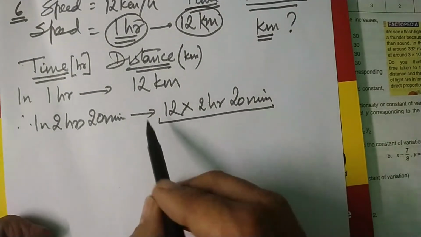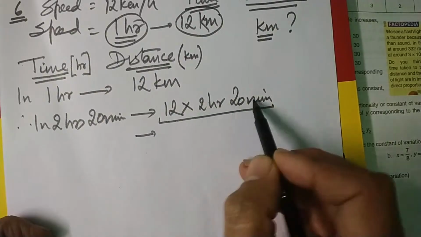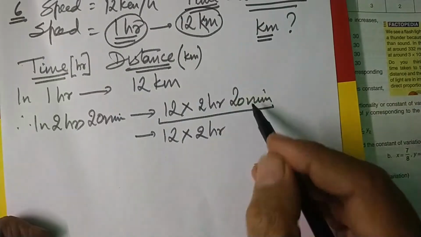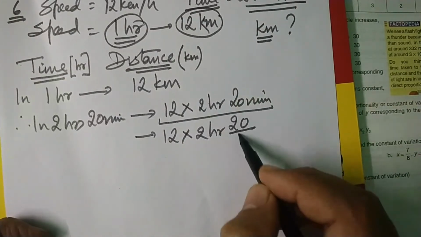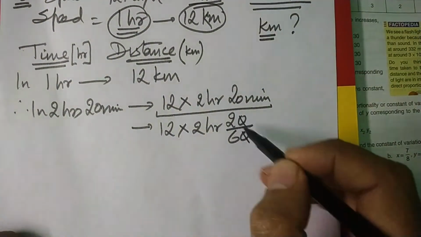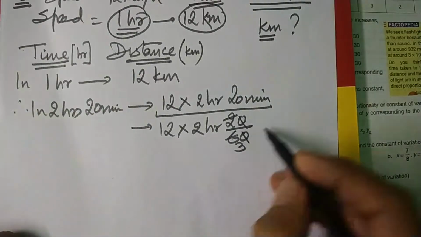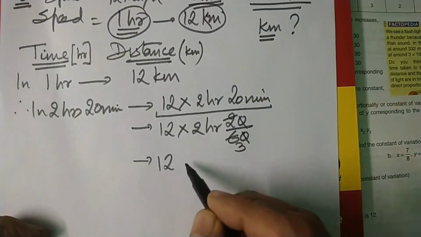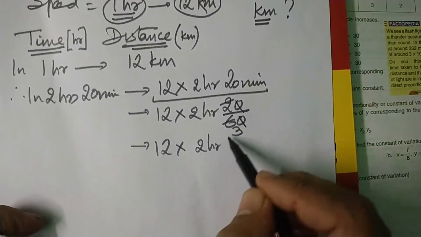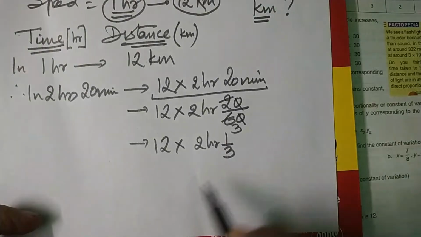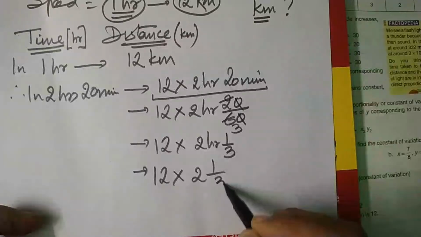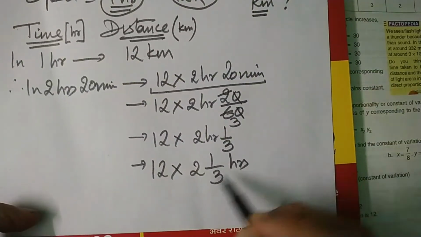How will you multiply 2 hour 20 minute? You have to simplify and make this number as one number. So 12 into 2 hour 20 minutes, change it into hours. So divided by 60. When you divide, it will become 1 upon 3. So it becomes 12 into 2, 1 upon 3 hours.